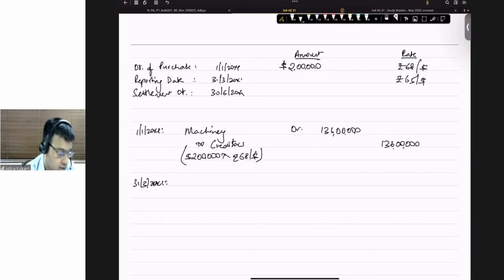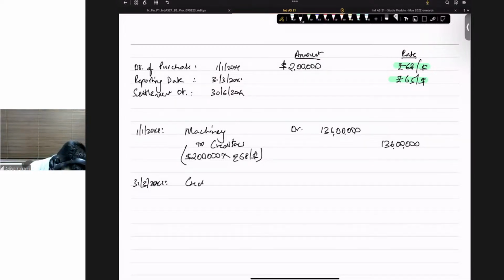On this date, your exchange rate is 65. You had booked it at 68. So your creditors will drop down by 3 rupees per dollar, and this will give rise to an exchange gain.